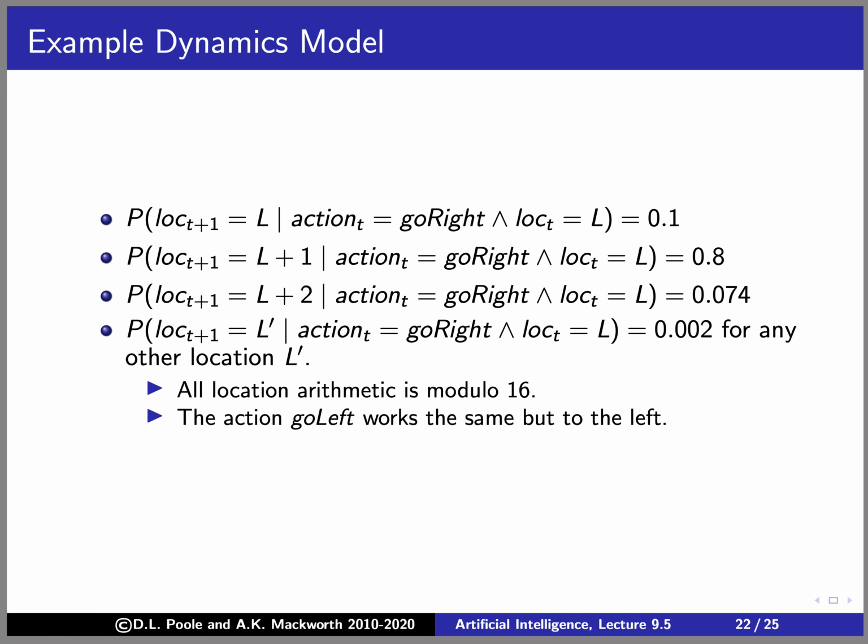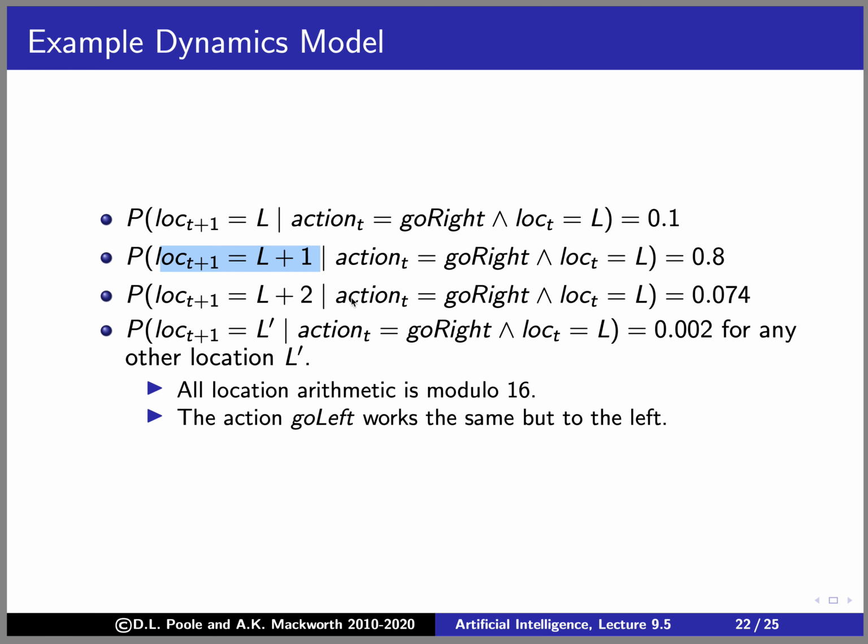And here's my dynamics model. If you're at location L and you go right, then you only succeed 80% of the time, so you only actually end up at location L plus 1.